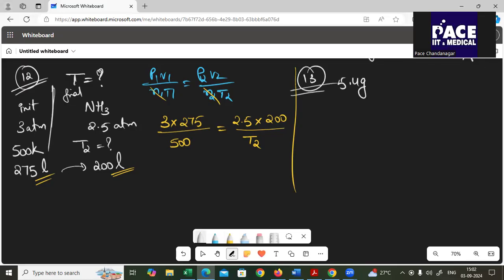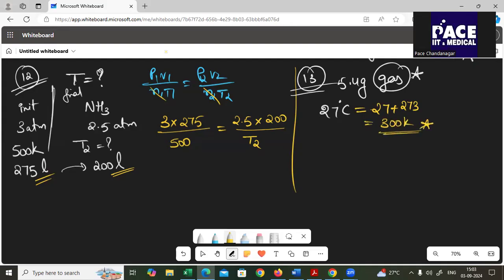5.4 grams of some unknown gas, I don't know what that gas is, occupies 27 degrees Celsius. Do not consider that Celsius at all for any of your calculations. Whenever you write, convert it. So 27 plus 273 will be 300 Kelvin is my temperature there.